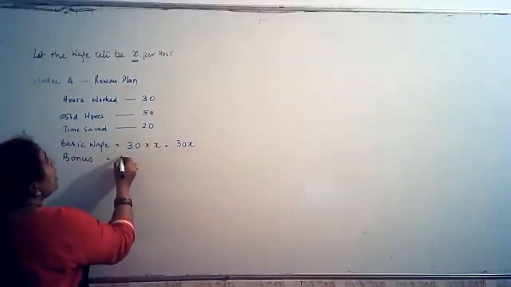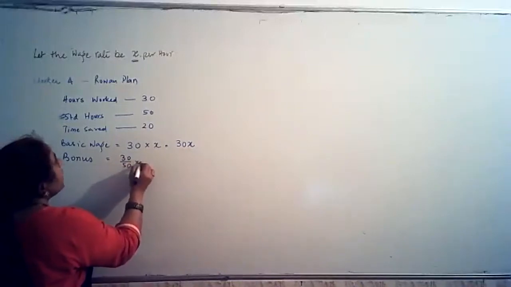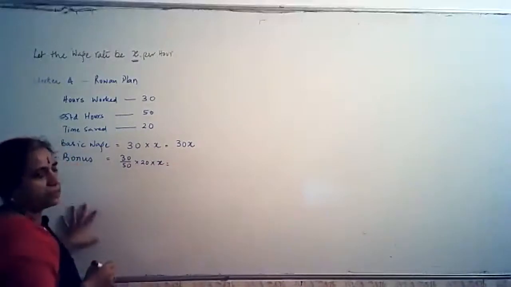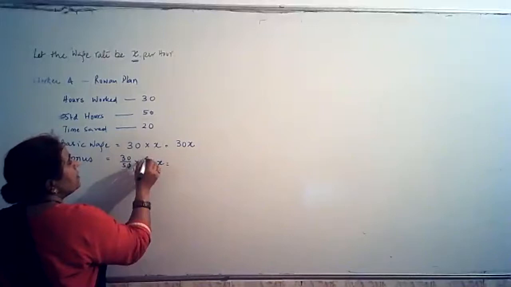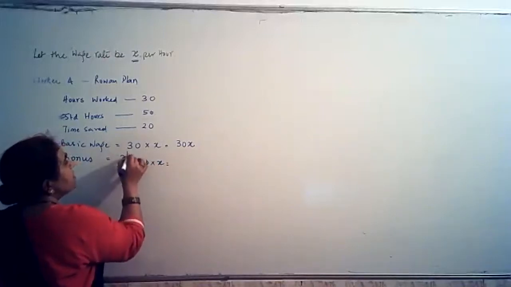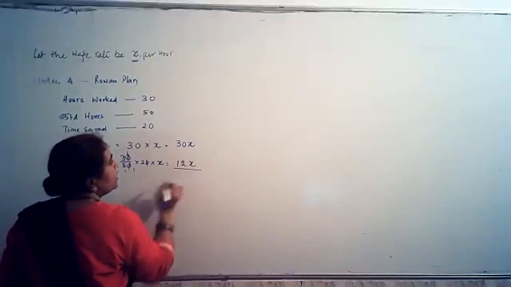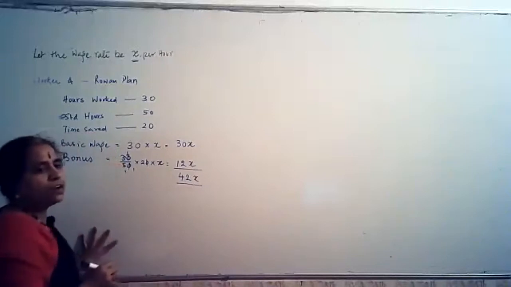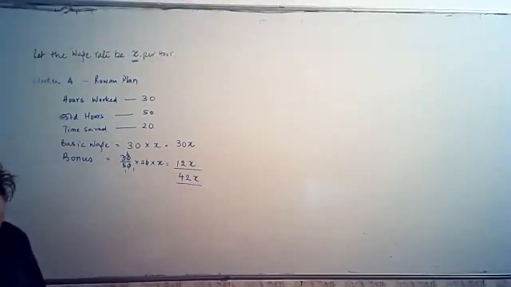So it is 30 by 50 into time saved 20 into x. If I calculate this, 5 sixes are 30, 6 twos are 12, so it is 12x. Total is 42x. This is the total wages paid to A.